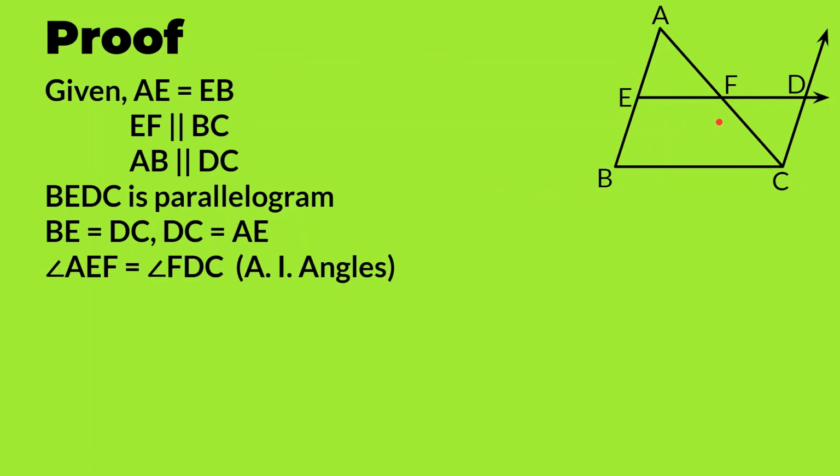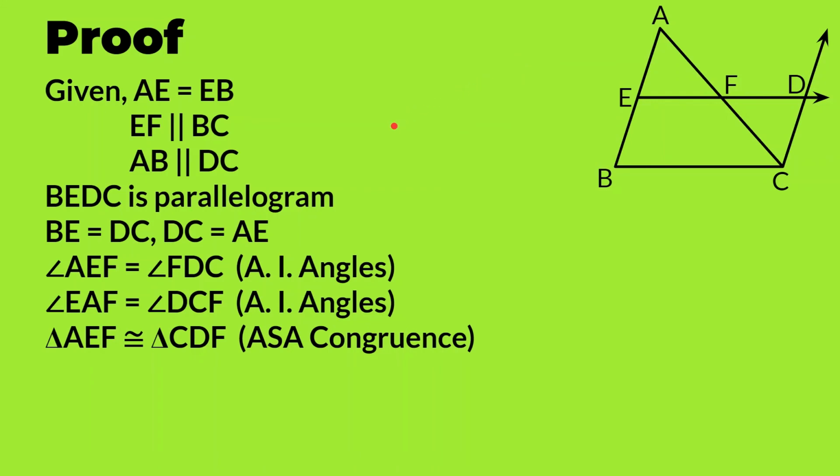So we can write angle AEF is equal to angle FDC because they are alternate interior angles, and the same for angle EAF is equal to angle DCF. These both angles are equal. So, again using the ASA congruence rule, we can write triangle AEF is congruent to triangle CDF.